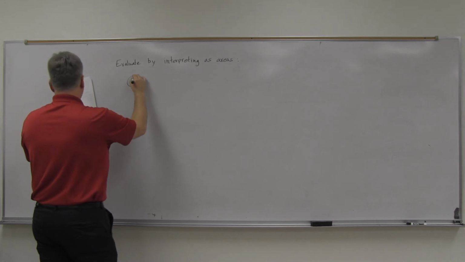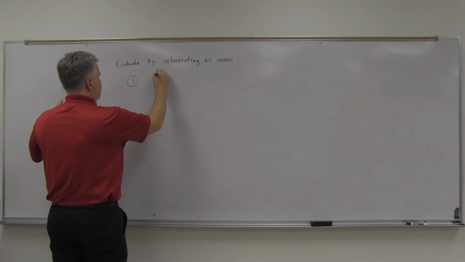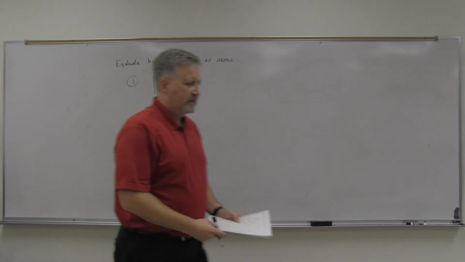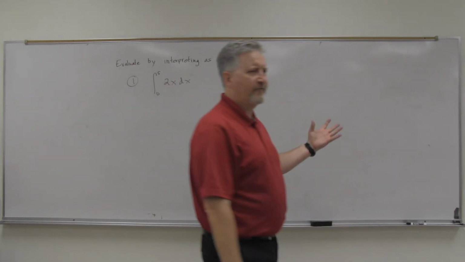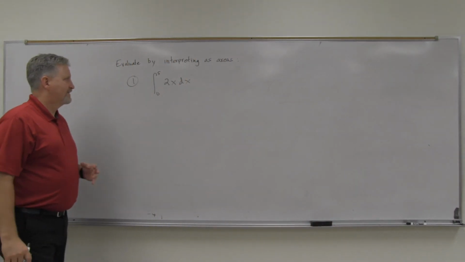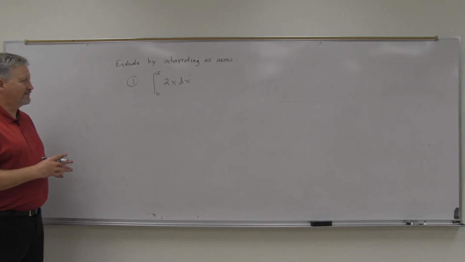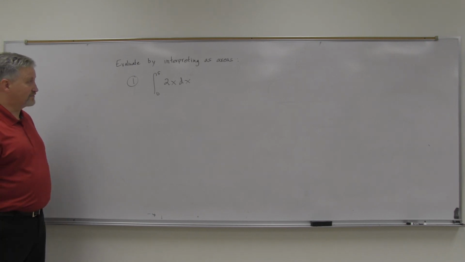Number 1. The integral from 0 to 5 of 2x dx. We'll talk about how we'll actually do this one in much more fine detail in the not too distant future.